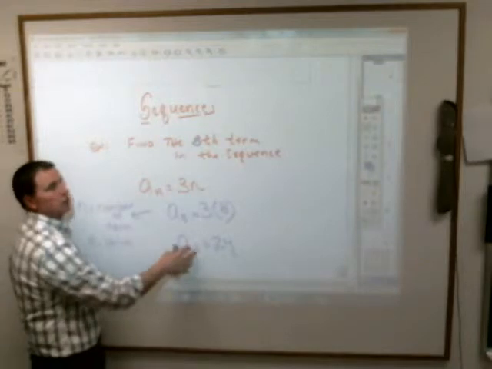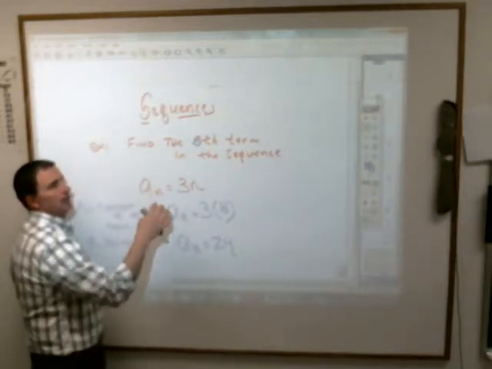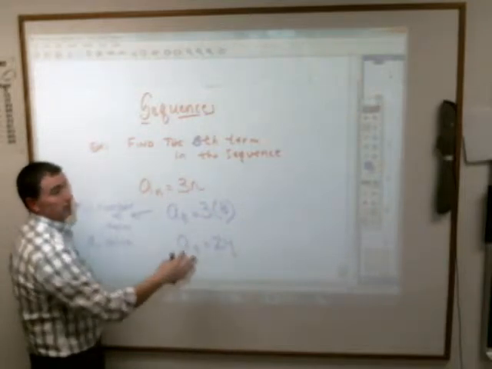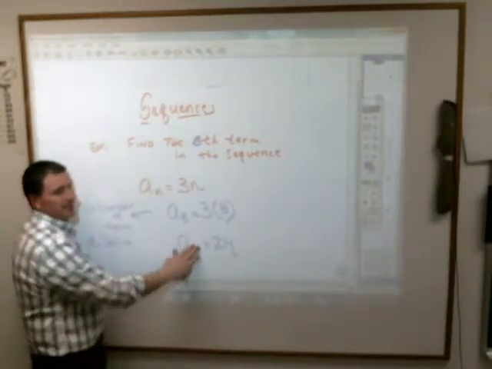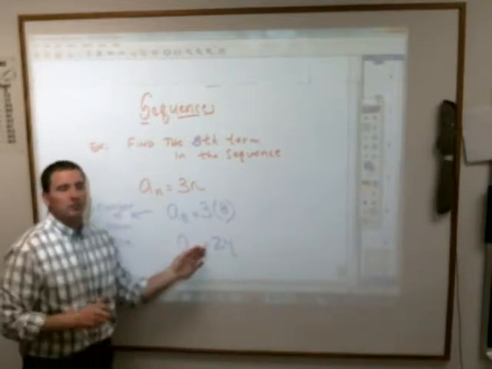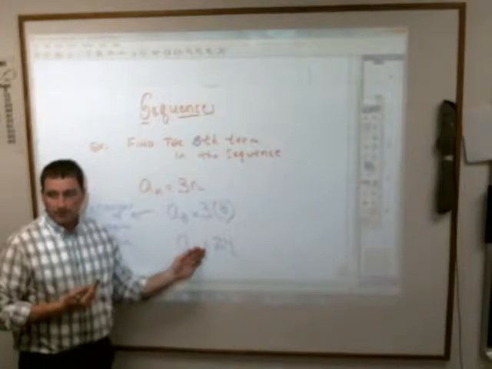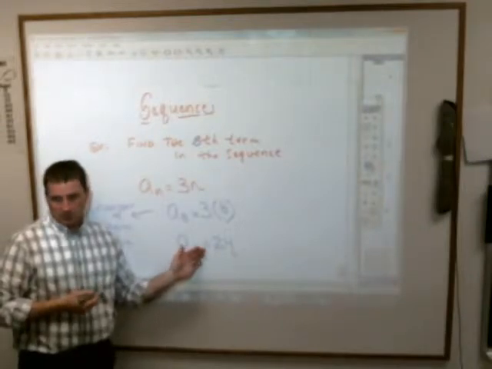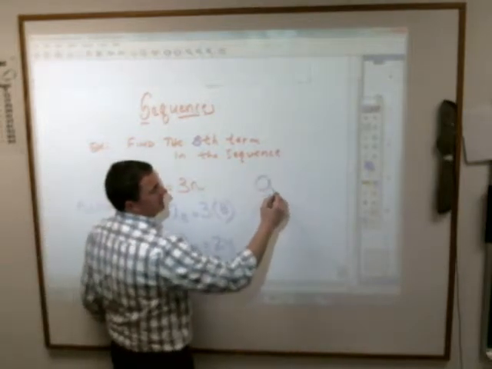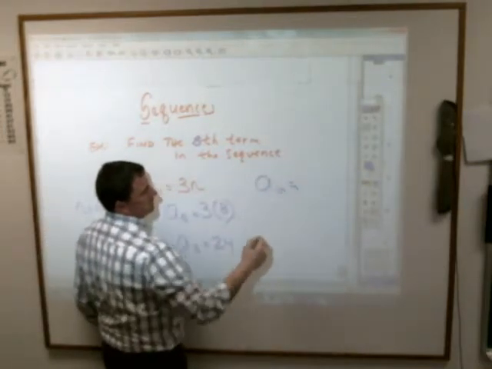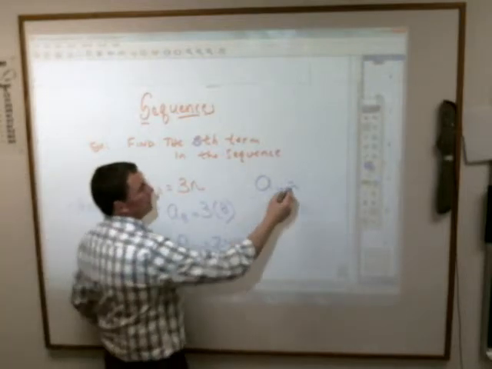This 8 has no numerical value. It is just a way to put a title on, or to label, the term that you want. I don't want to just use an A, because then I don't know what number term that 24 is. If I asked you what the 10th term is, you would simply tell me it is 3 times 10, which is 30.